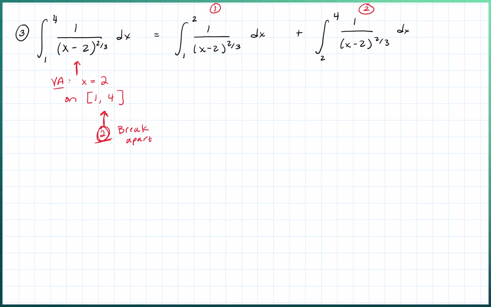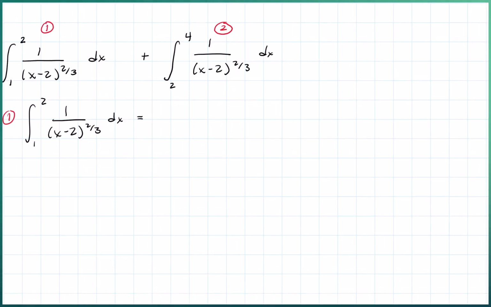So let's go ahead and do the first integral. If we're integrating from 1 to 2 of 1 over x minus 2 to the 2/3 dx, we replace the 2 where we've got the issue with a t. So we're going from 1 to t. Sometimes it can help; I'm super visual, so it helps me.